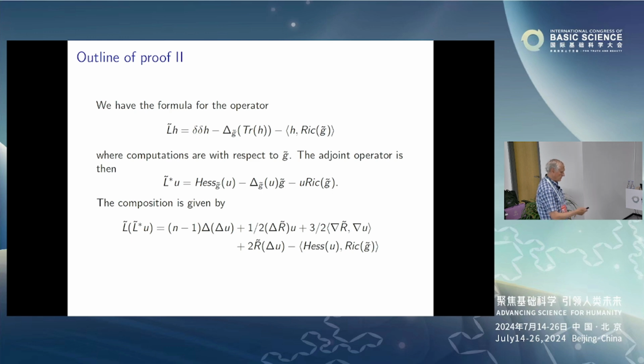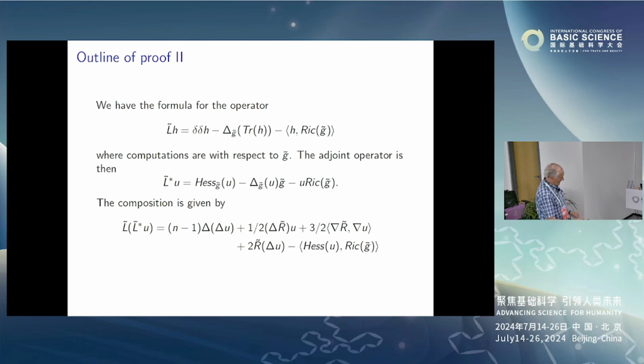Okay, and so the key thing is the adjoint operator, which I've written here. That's a sort of Hessian operator. Its domain is functions, because the image of the operator L tilde is the space of functions. It's a Hessian, and then there's a Laplacian term, and then there's a U times a Ricci term. And so we need to prove a strong injectivity property for the adjoint.